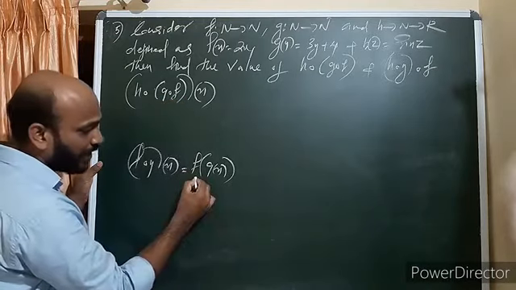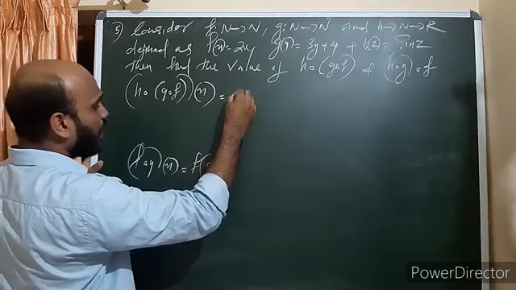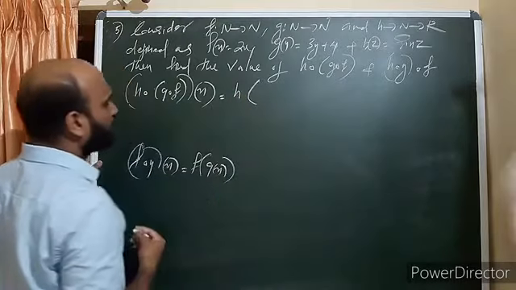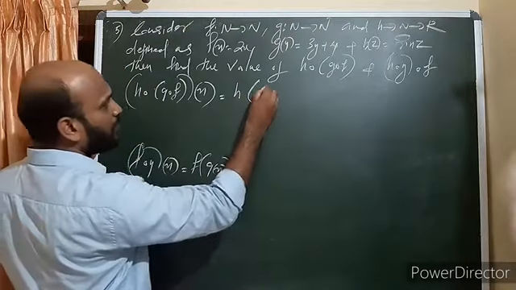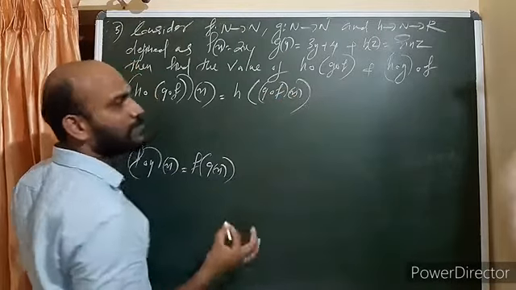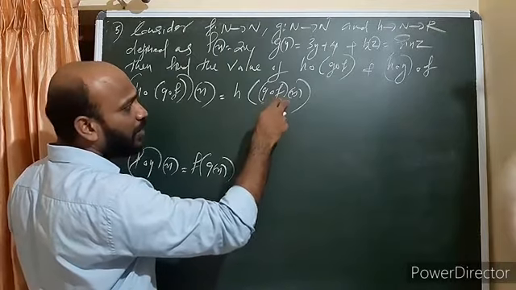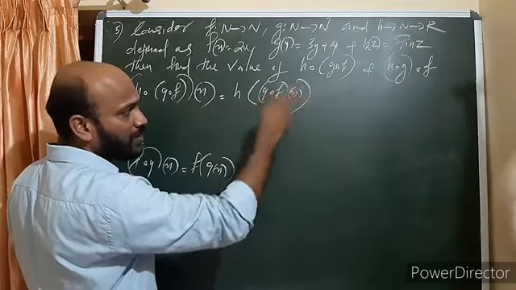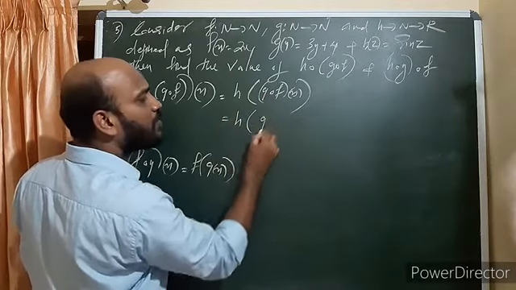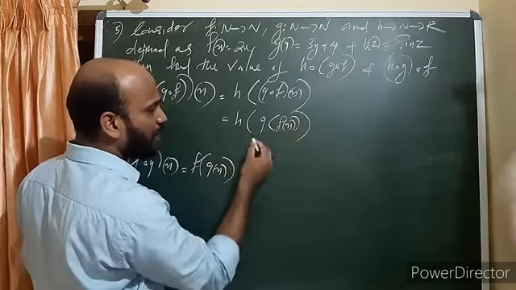So the right-hand side, f of g of x, will be equal to h of g of x, meaning h of g of f of x. Now this bracket you have to simplify first. Here you have to use the formula for g of f of x. The direct formula is there. So it is equal to h of g of f of x. Now we can find this value.